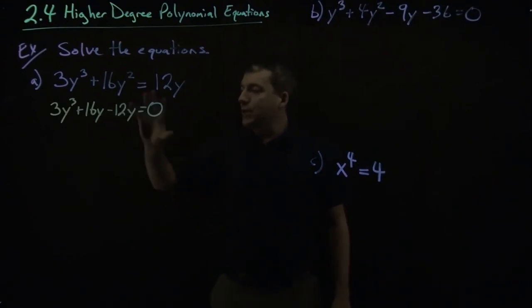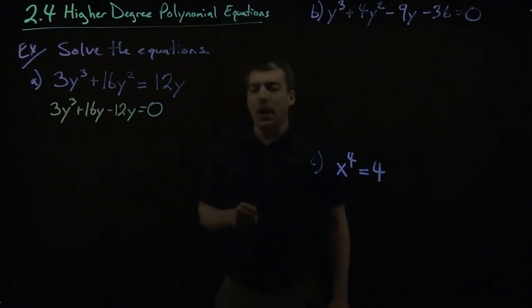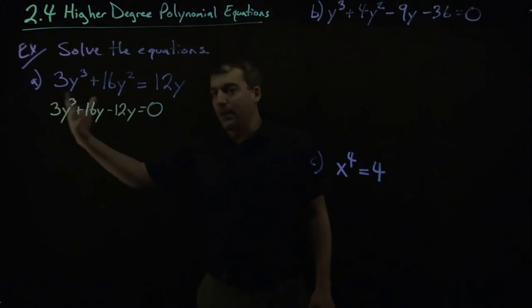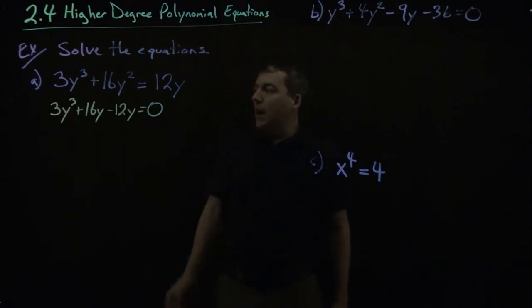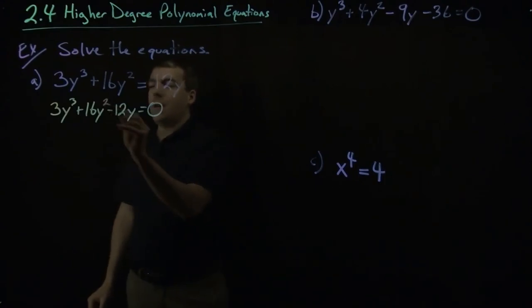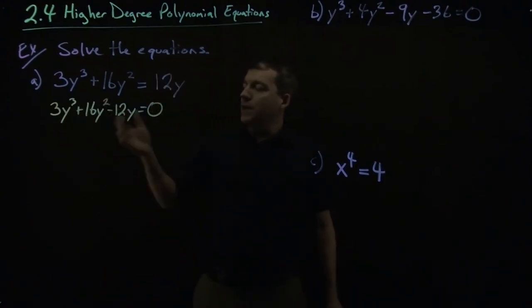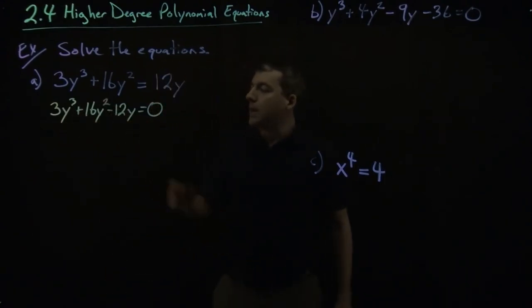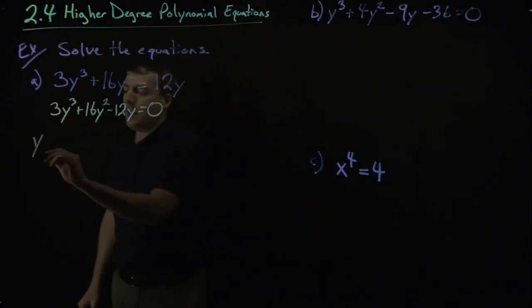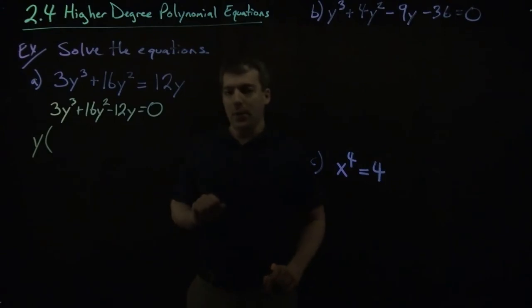But the first thing we should do when attempting to solve a polynomial equation is to factor out any common factor from the terms. Each of these has a common factor of y.